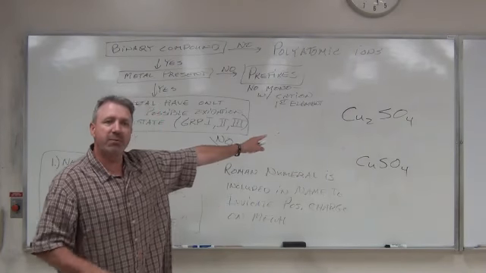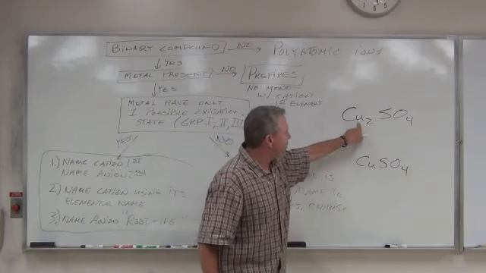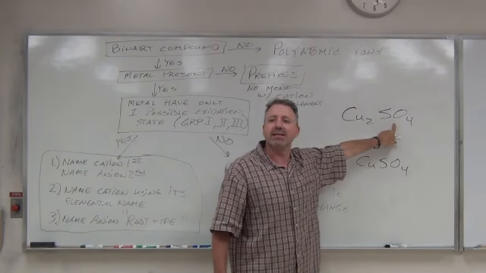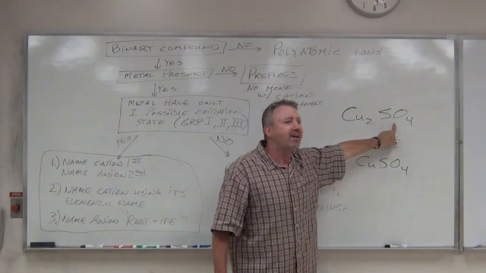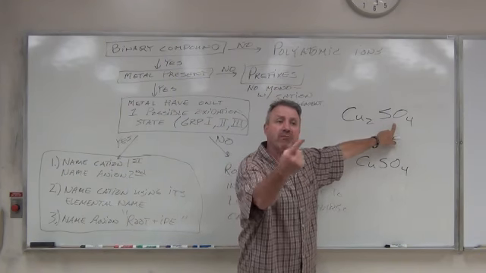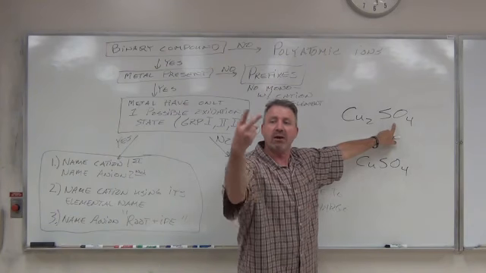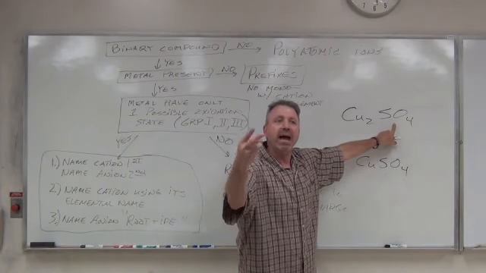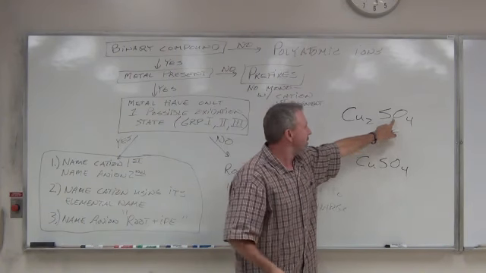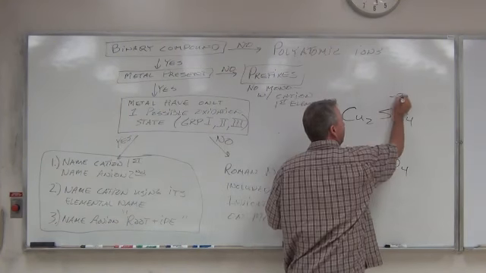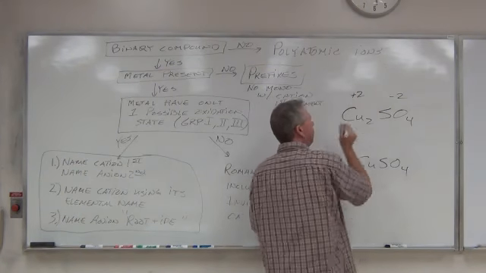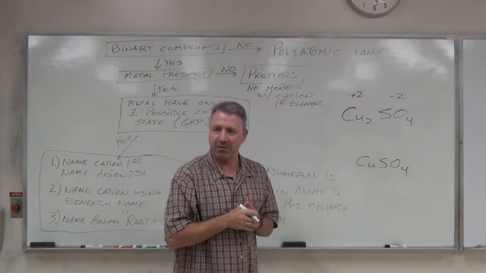You follow the same procedure, right? I don't know what copper is, but do I know what sulfate is? Yes, I do. How do I know that? Because you memorized it. That's the only way you're going to know it. You have to know how to write the formula for the polyatomic ion, you have to know the name of the polyatomic ion, and you have to know its charge. Sulfate is -2. Which means if this is a compound, my total positive charge has to be +2.